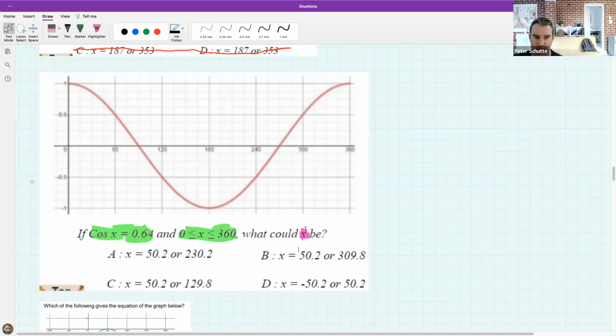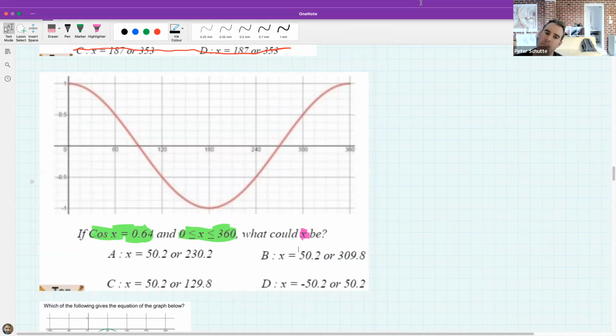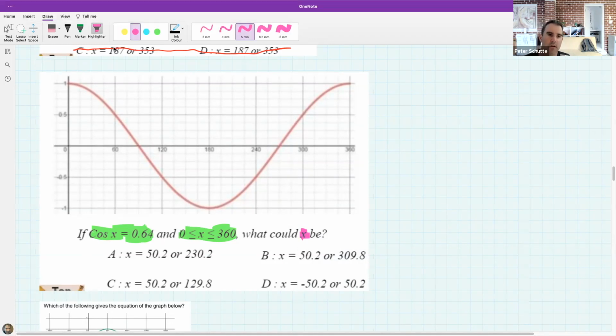How would you visualize 0.64? So I was thinking 0.64 should be like up here somewhere.